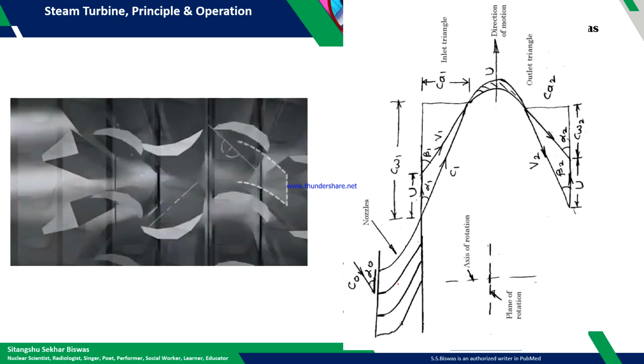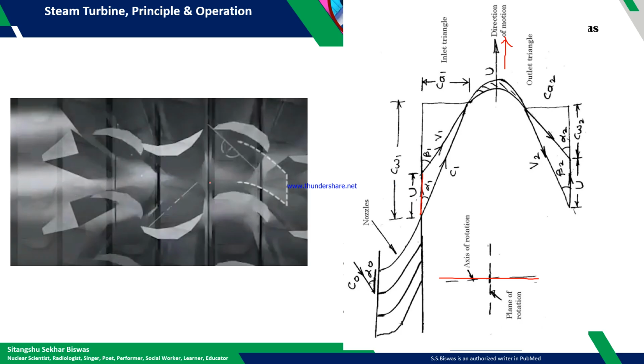From that, if we now try to draw, so here you see, this is the axis of rotation and this is the plane of rotation. Now say this blade is rotating with a velocity u. Now I am representing it in vector, so this is your u.